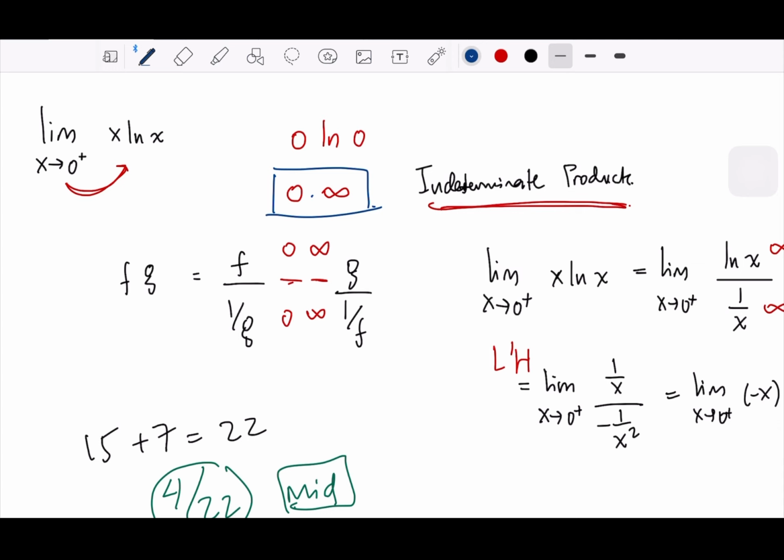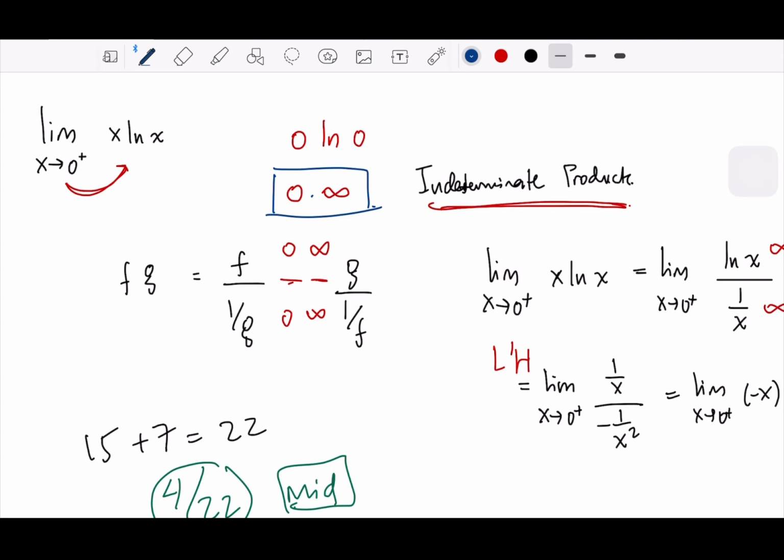So what we can do with this limit is, although this is 0 times infinity, the idea is to make it either 0 over 0 or infinity over infinity. We force one of the functions to go down. Imagine this form is written as two functions f and g.